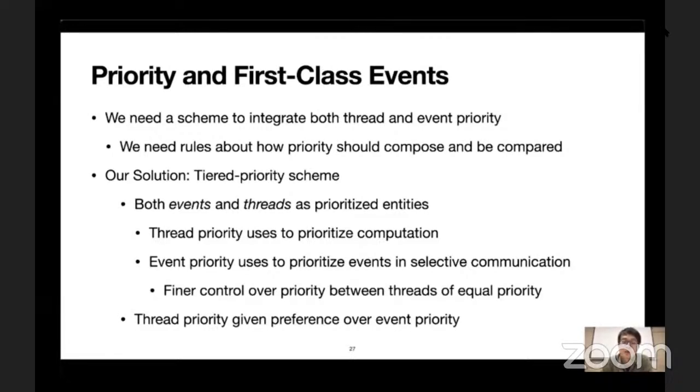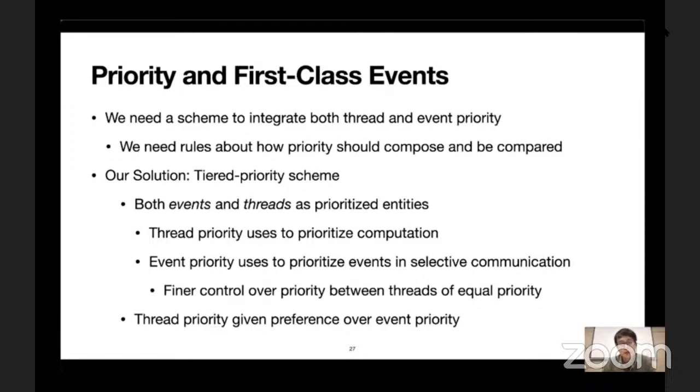Thread priority is used to prioritize computation, and event priority is used to prioritize events in a selective communication. The goal of event priority is to give finer control over the priority between threads of equal priority. And the important part of this tiered priority scheme is that thread priority is given preference over event priority.